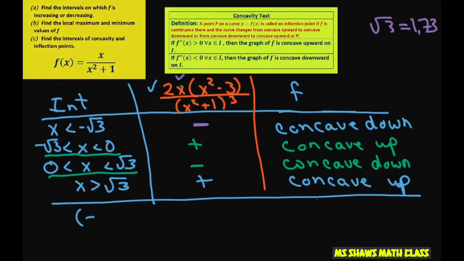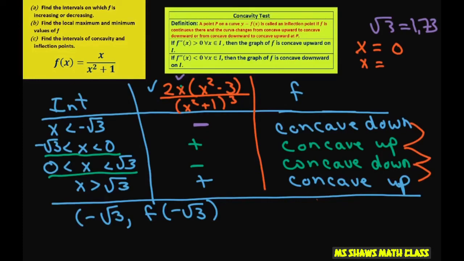Since it's going down, up, down, up, that means we do have inflection points at our x values. And our x values were 0 and plus or minus square root of 3.